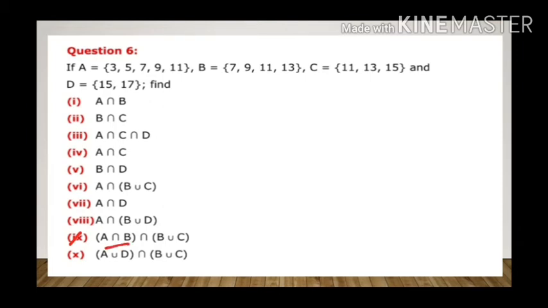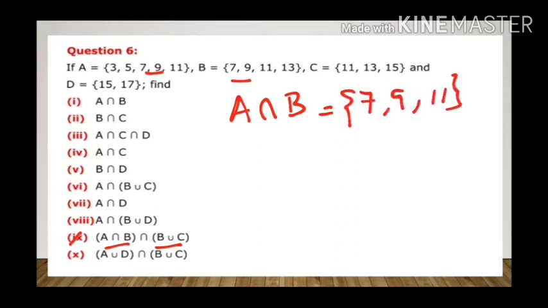Now next, this one. Here these two are in the first bracket. So first of all I will find A intersection B. The common part between A and B is 7, 9 and 11. Now B union C means the collection of all the elements of B and C. This is the B set, this is the C set.